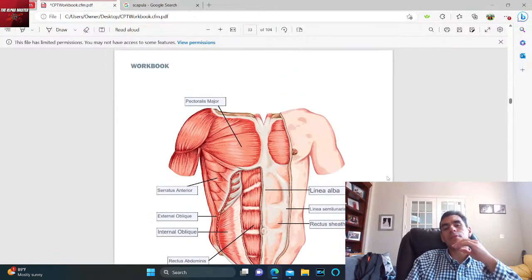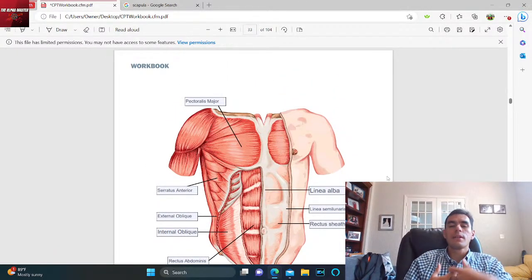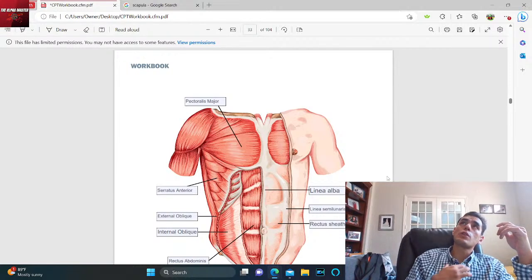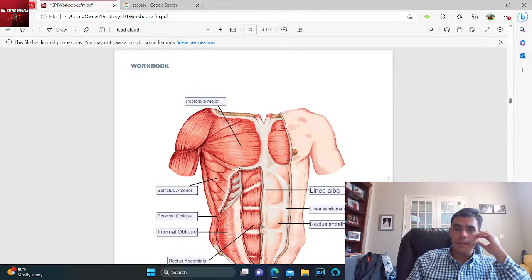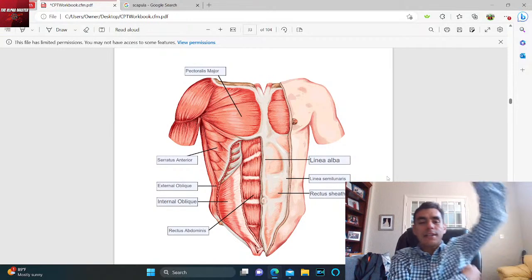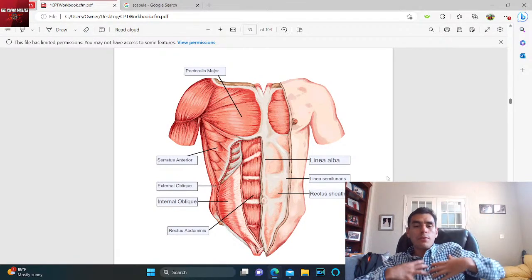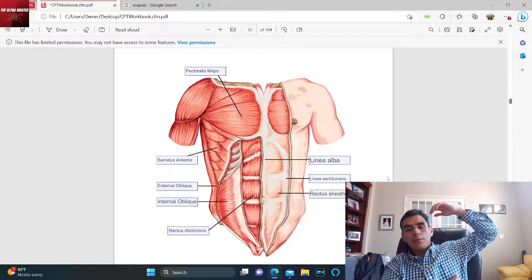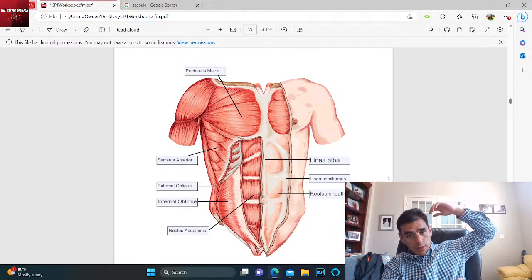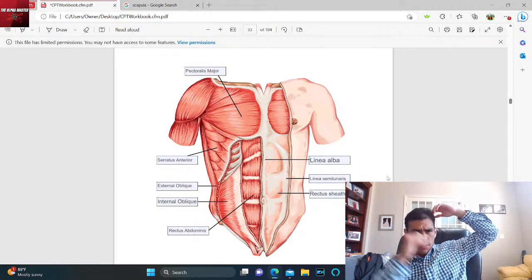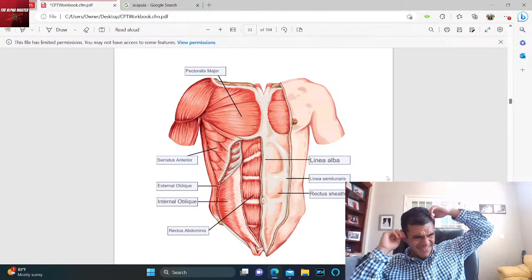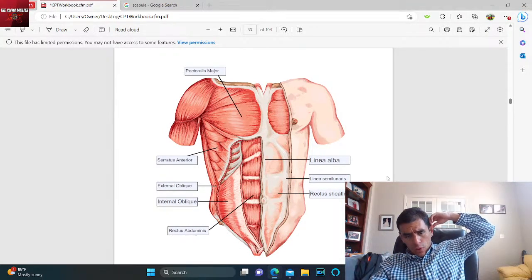Now in here you have the muscles of the anterior portion of your chest. The pectoralis major, which we all know is a convergent muscle. You have the serratus anterior, which is like the lower portion of the chest.